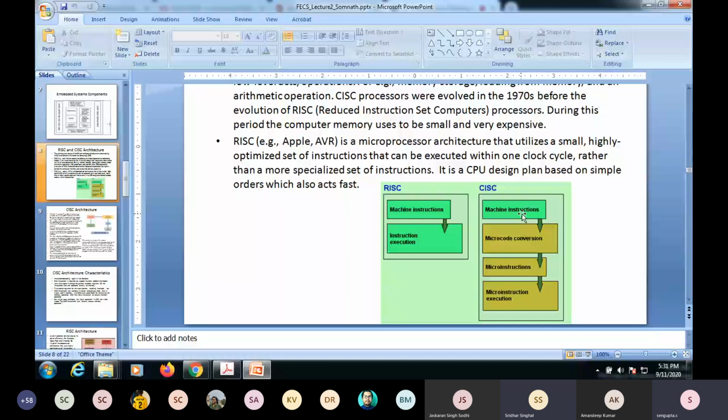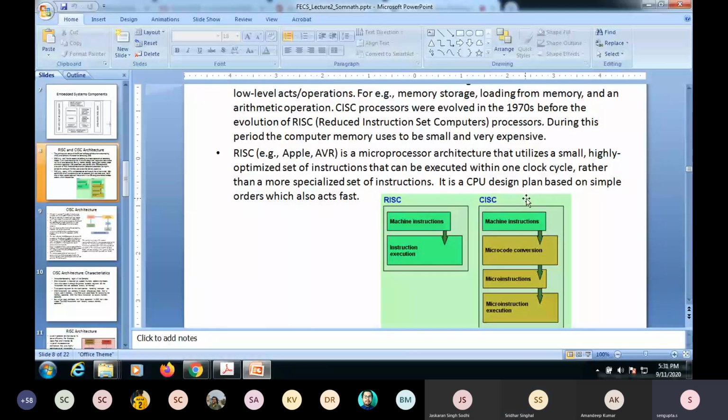Let's say you have a complex instruction A and an instruction B. Even though A is a big instruction, the entire thing has to be executed. Similarly for this small one, the entire thing has to be executed. So this is faster.